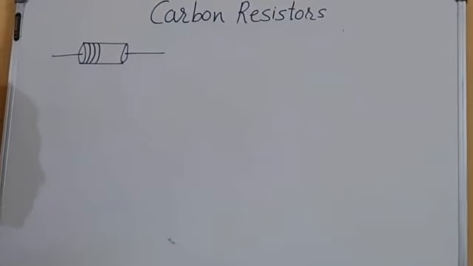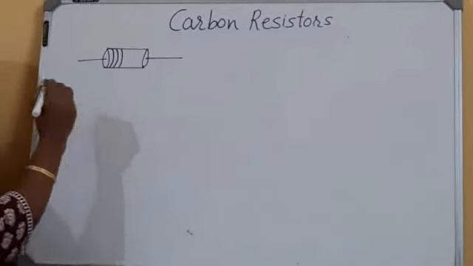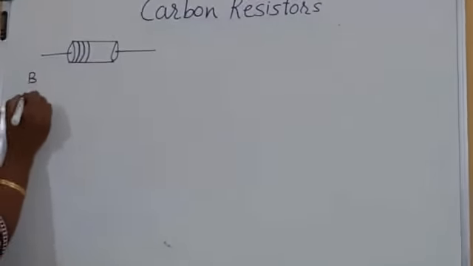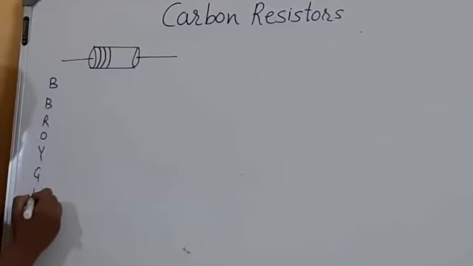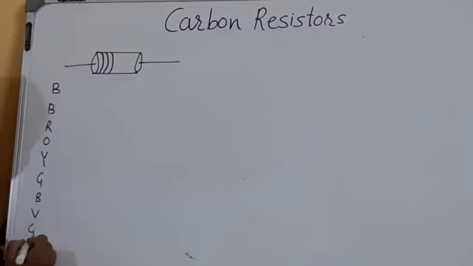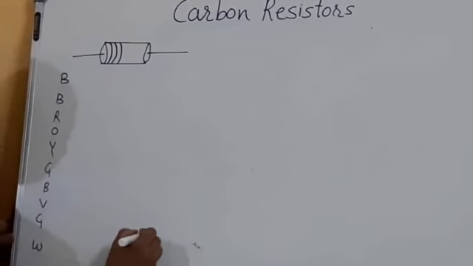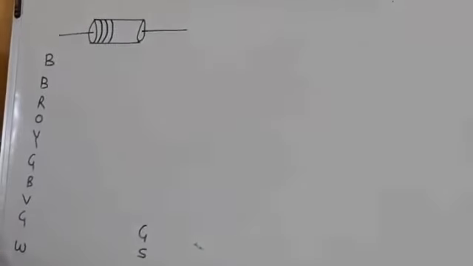So what is the meaning and what is the color coding, that we will see. So here, to understand that color coding, we will write first B. Roy, Great Britain, very good wife. Then we will write wearing gold, silver necklace.